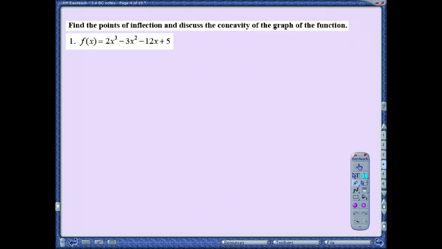So let's take a look at what it's going to look like in our homework or on the AP test. They may ask us to find points of inflection and discuss the concavity of the graph of the function. They don't ask us anything about relative extrema, increasing intervals, decreasing intervals. So we will do our first derivative, but only because we need it to find our second derivative.